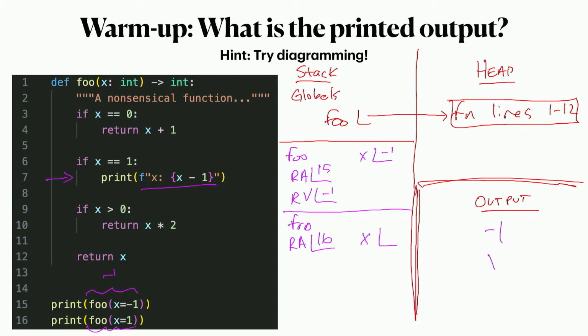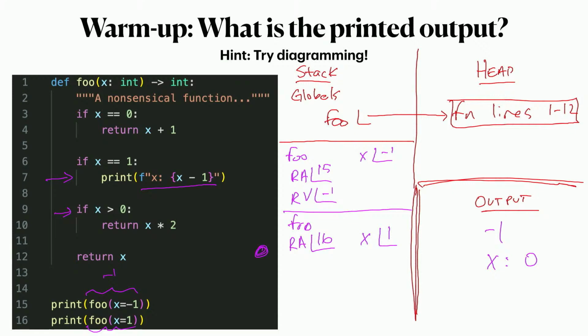And this is where we would see x colon 0 produced to output. Oh, and I forgot, I didn't mean to remove x here, so x is still 1. All right, so once this line is completed, this is what would show up on our screen. But what's going on in our program and the evaluation of this is going to continue forward, right? And so we continue this if statement.